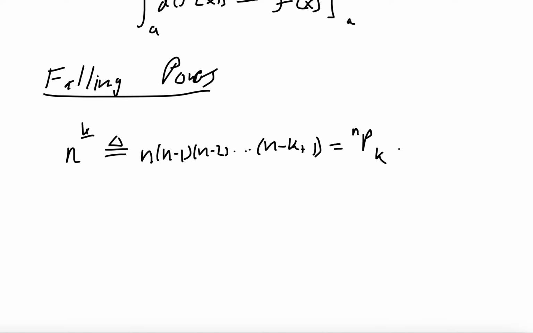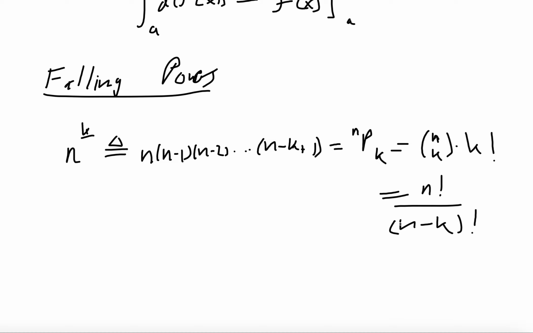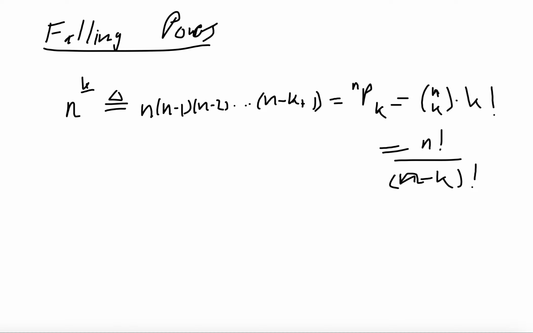That's the nPk, which is also equal to n choose k times k factorial. And this is also equal to n factorial over quantity n minus k factorial.